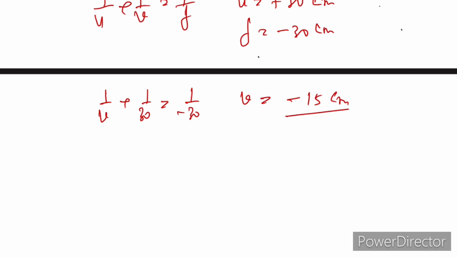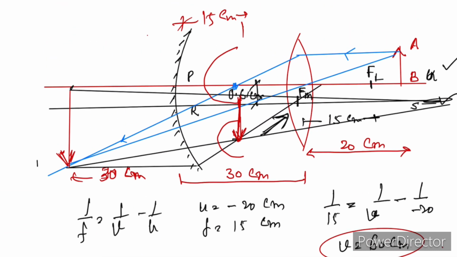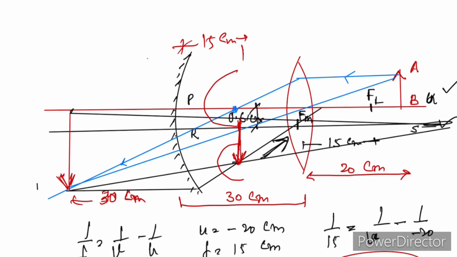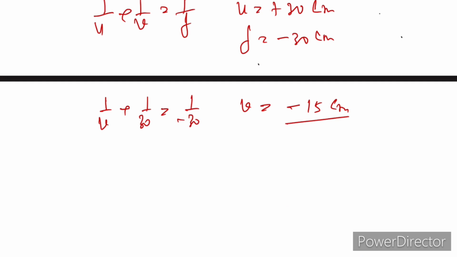Magnification, first of all, suppose this is A dash and this is B dash. Our object is basically 1.2 centimeter, and that is the length of AB.